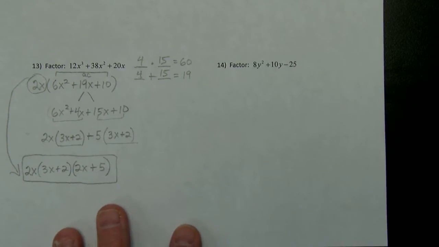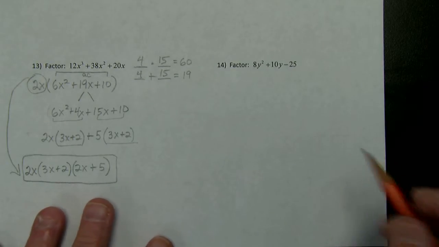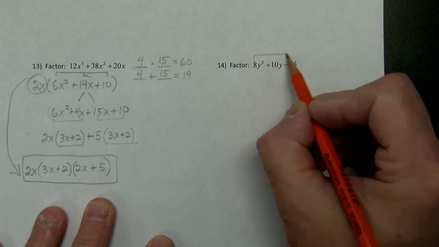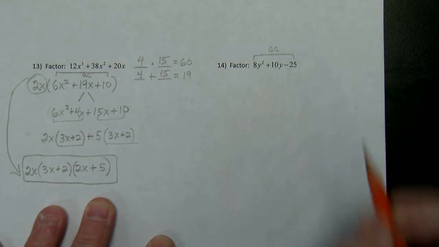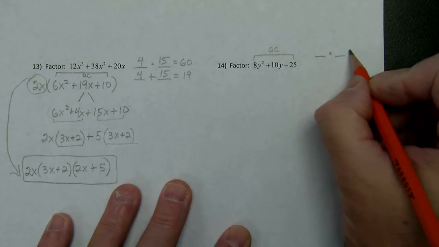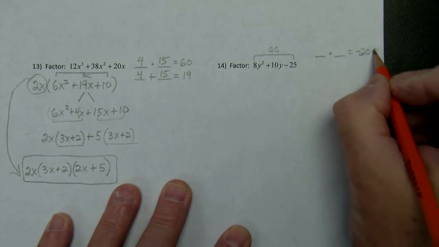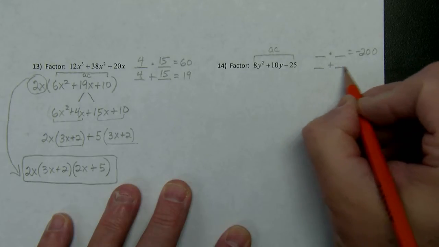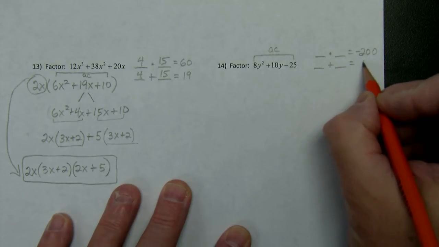All right, so one more of those, the AC method. Actually, we think we did this one up above, but it's just another way to do it. So multiply first number times the last number. That's AC. 8 times negative 25 is negative 200. So we need two numbers that multiply to negative 200 and add to positive 10.